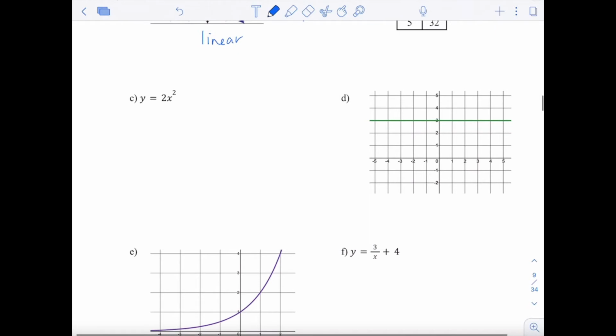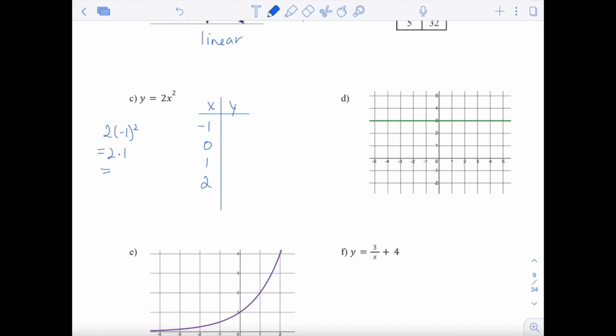All right, let's fill in a table for this one. We can choose maybe 4 values. I'm going to do -1, 0, 1, and 2. So when X is -1, I know that -1 squared is 1, so that's 2. Anything multiplied by 0 is 0.